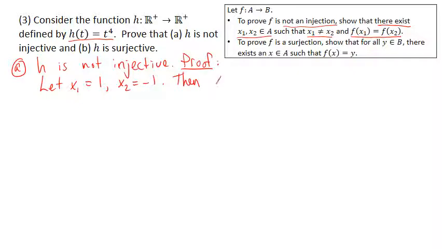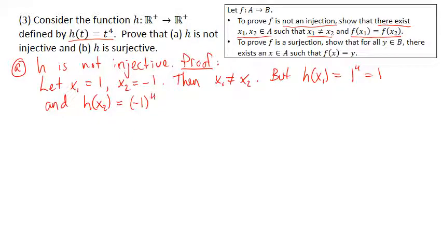Then obviously x1 does not equal x2, but when we plug them in, we get h of x1 is 1 to the 4th, so that's 1, and h of x2 equals (-1) to the 4th, which is also 1, so h of x1 equals h of x2. That's all we need to show. That means that h is not injective.